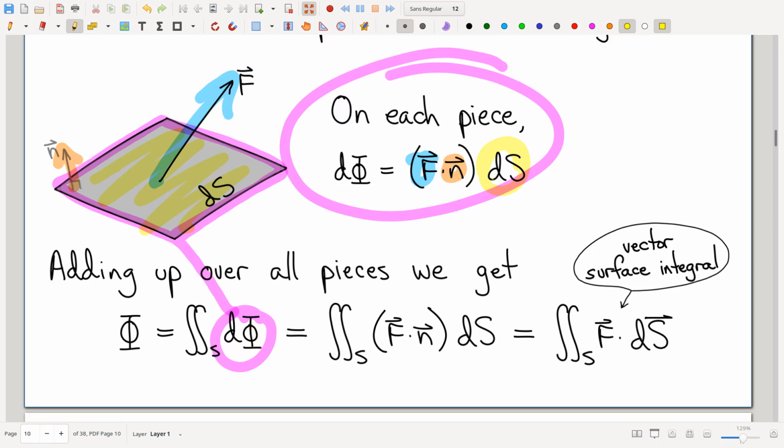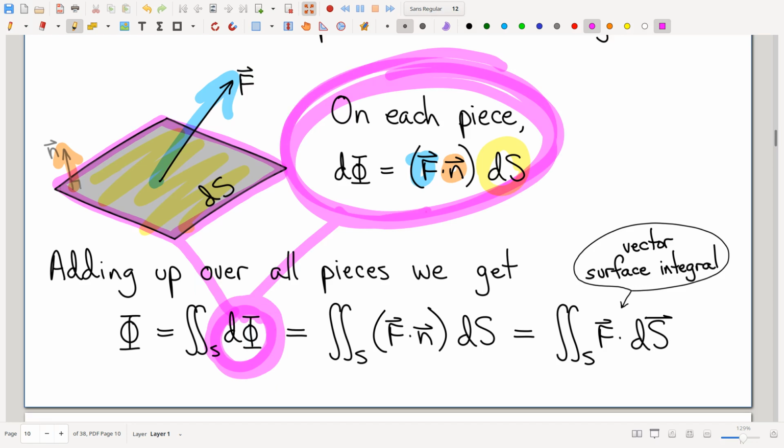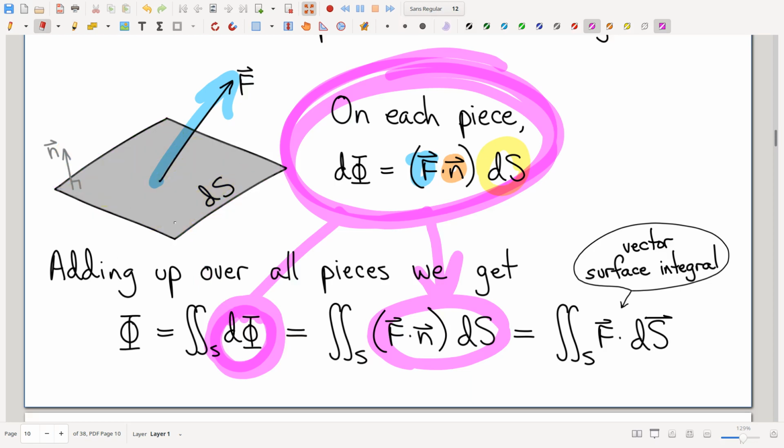All right. So with that noted, d phi being this quantity right here, that goes there, and we have ourselves a new kind of integral, pretty much.